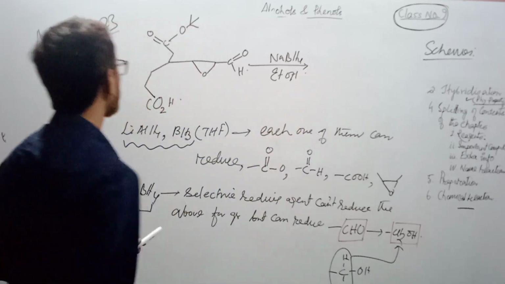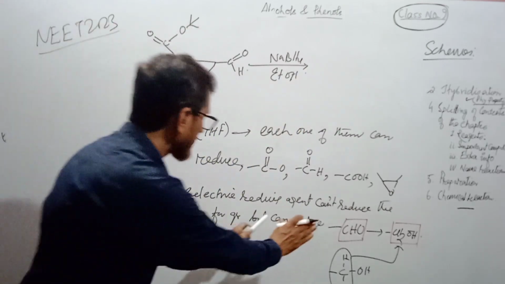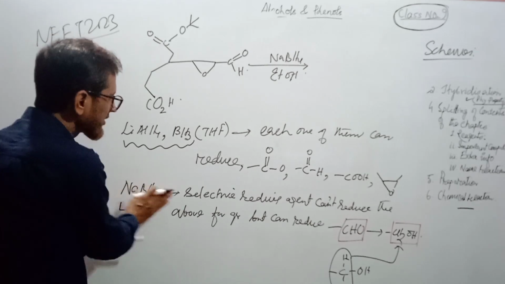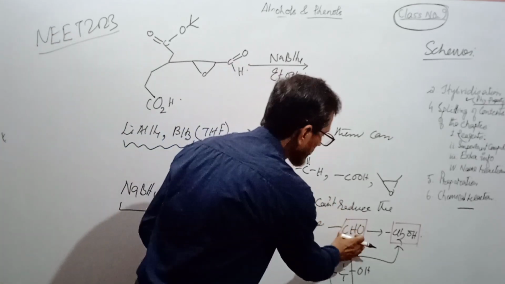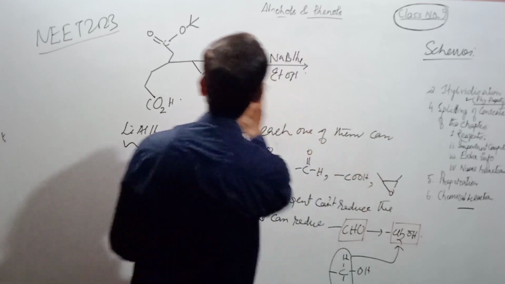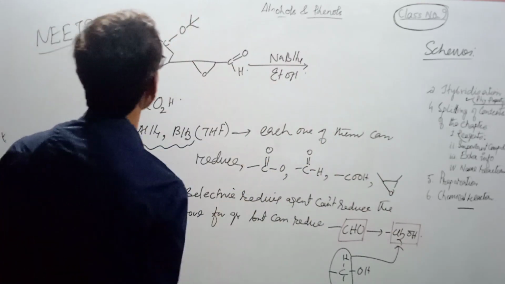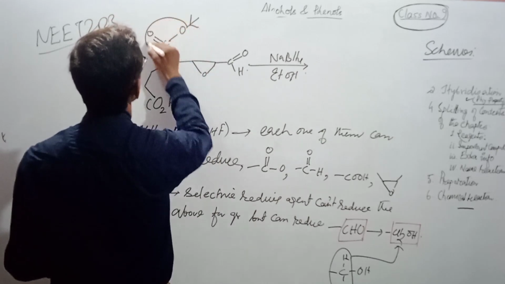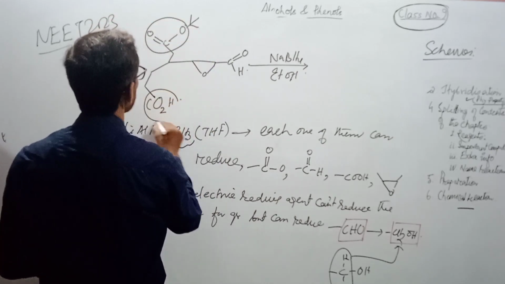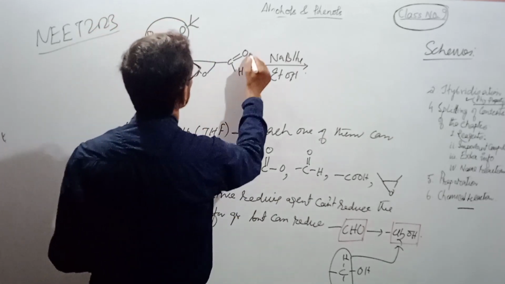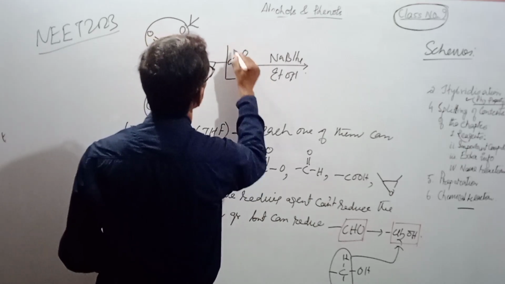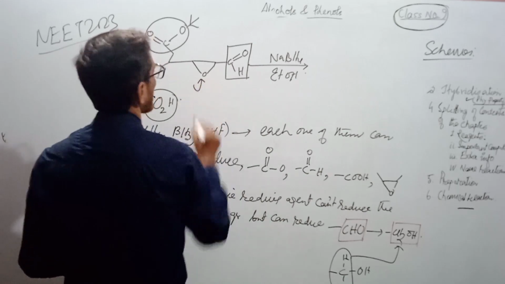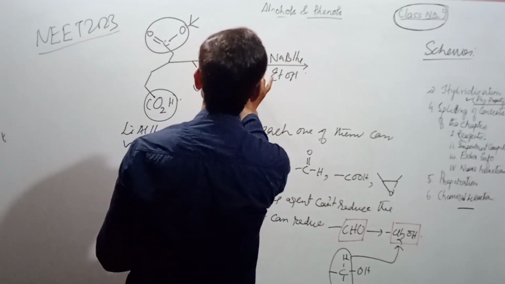Mind that sodium borohydride is a very selective one, which has the ability to reduce CHO to CH2OH, however complicated the structure may be. This is an ester group, this is a carboxylic group, this is an aldehyde group, and an epoxide group.